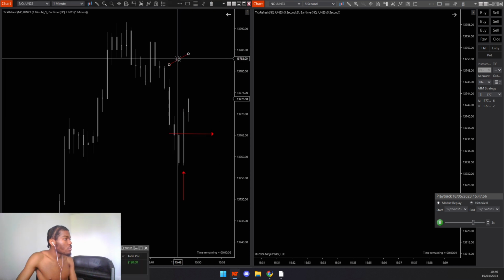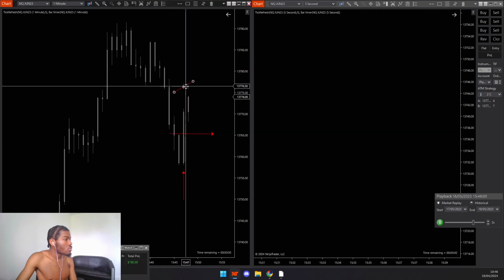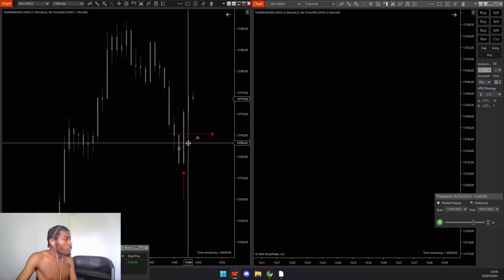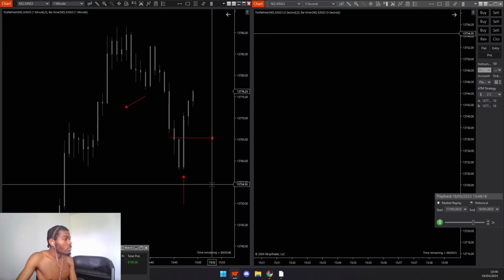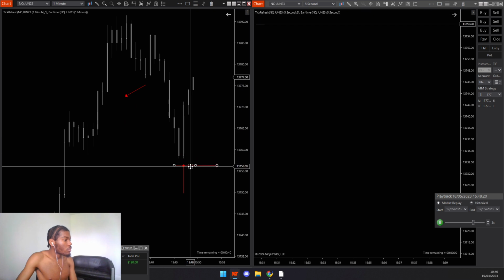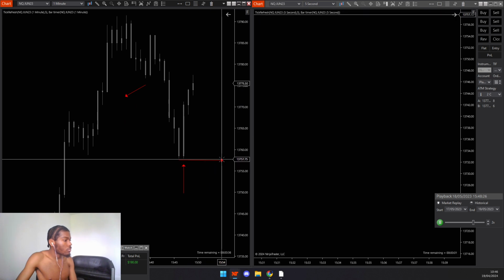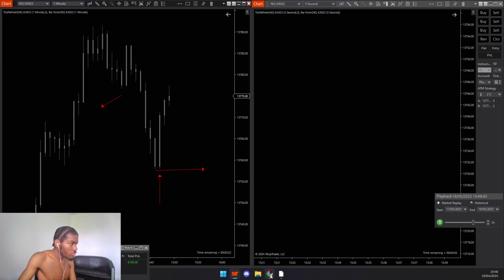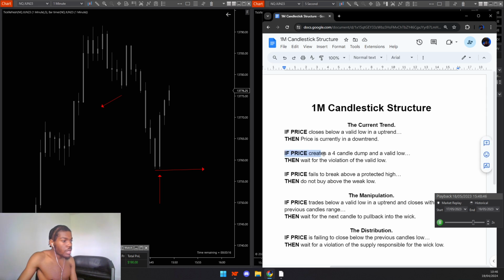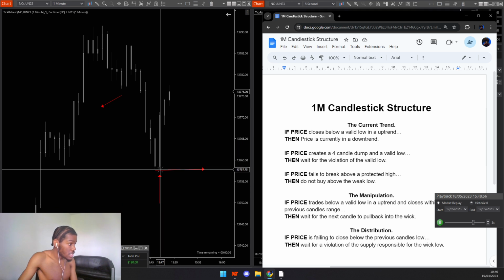You see 1, 2, 3, 4. This is my target here. So this is a 4 candle dump. If price creates a 4 candle dump and a valid low, this is the valid low, then wait for the violation of the valid low.